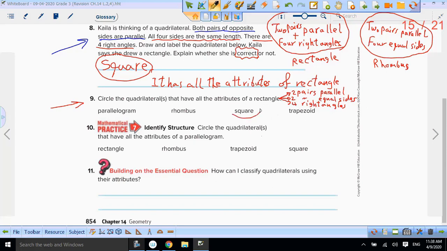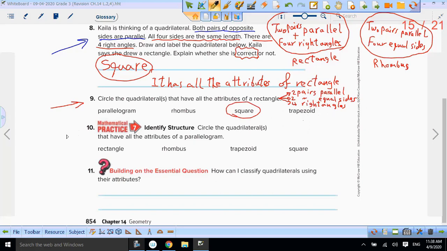Square, yes, a square has all these attributes. Trapezoid, no, it has none of these properties, because a trapezoid has only one pair of parallel sides.